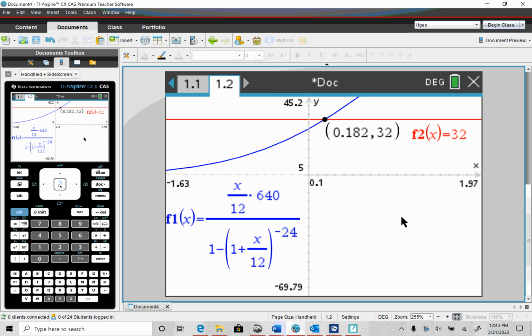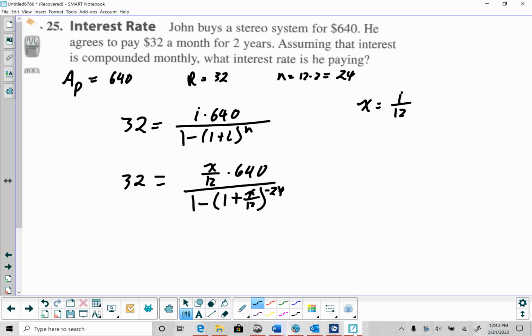And again, the way the Texas Instruments calculators function here, they're only going to go out to 3 decimal places. It actually goes a little bit further than that. But if we can solve that and say that the approximate interest rate there is 0.182.